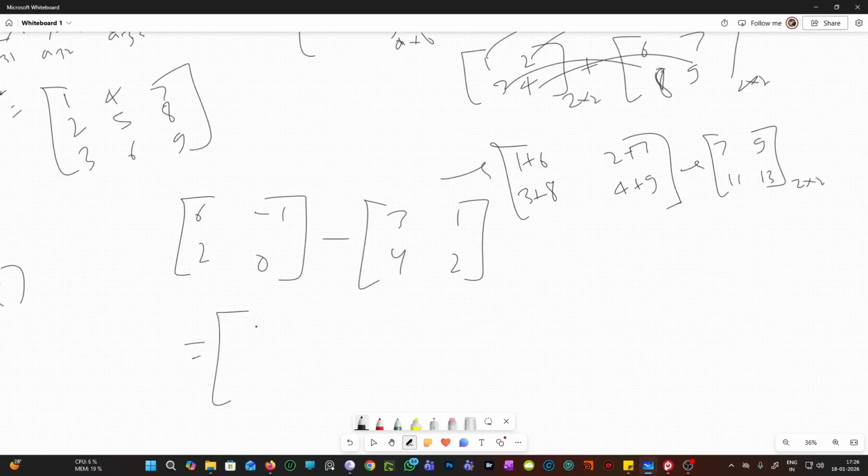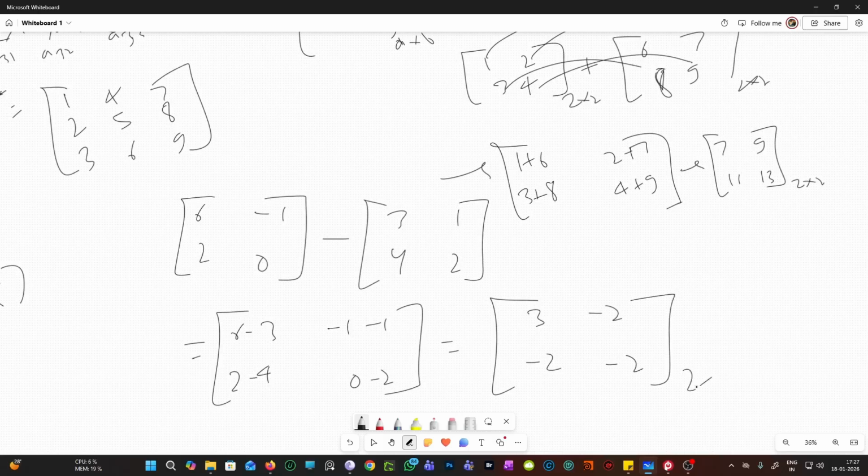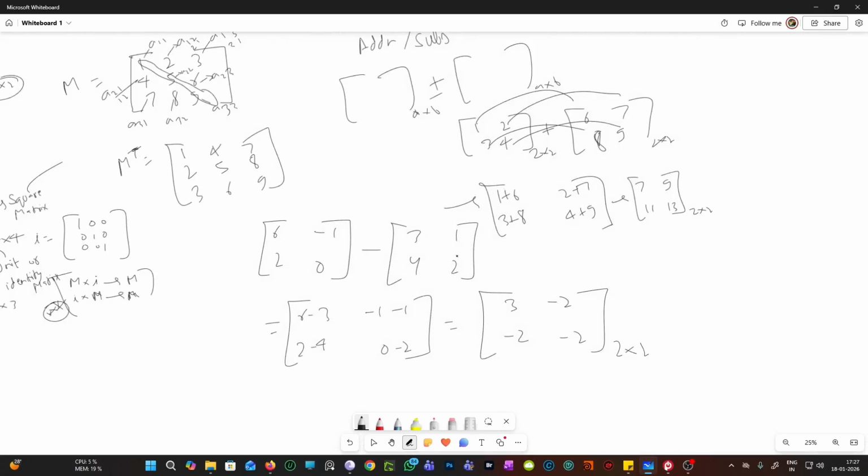So what do we get? 6 minus 3, minus 1 minus 1, 2 minus 4, and 0 minus 2. We get 3, minus 2, minus 2, minus 2. So this is the result from the subtraction of these two matrices, right? So that's how we do addition and subtraction.